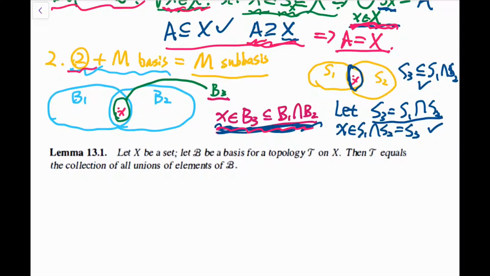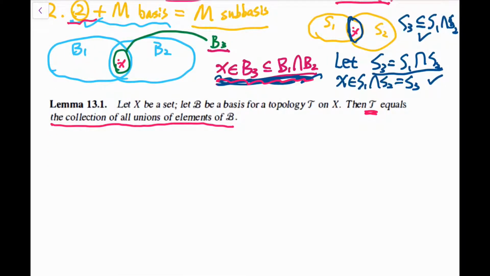It means that we can generate the topology T by defining T as the collection of all unions of elements of B. If we write it in mathematical form, the topology T is just the collection of all possible unions of basis elements B, such that B is from the basis.